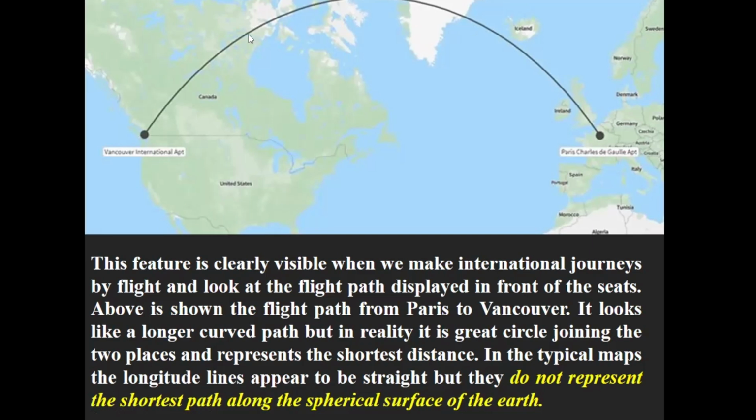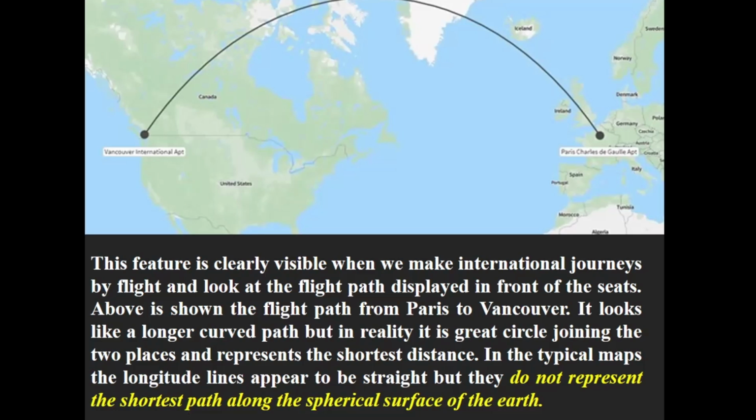Many of you who have taken international flights have seen the flight path shown in front of you. It looks like a curved path, and many wonder why they are not taking a straight path like this. But that is not the shortest distance. The shortest distance is this one: the intersection of the plane joining these two positions and the center of the sphere.